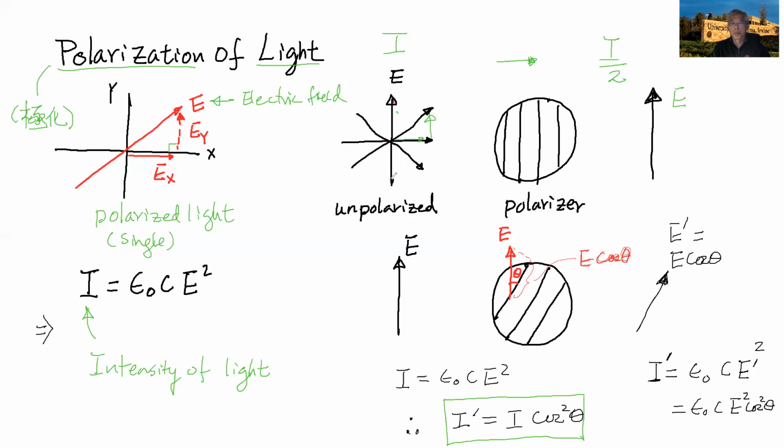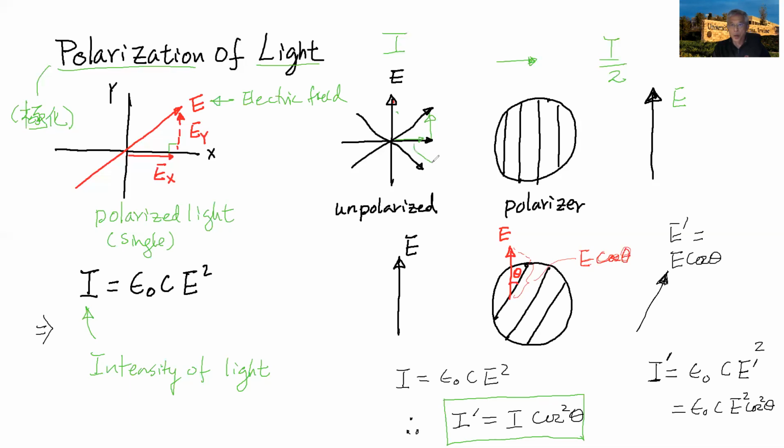From that it makes sense that once you go through here, your intensity will become half, because for light with electric field in any arbitrary direction, there's always a component that's aligned with the polarizer direction. The other direction is blocked.